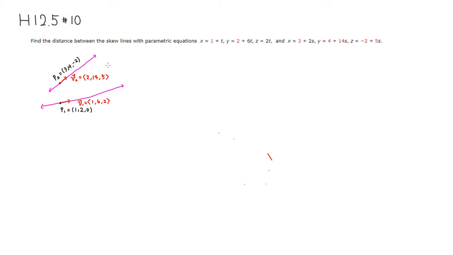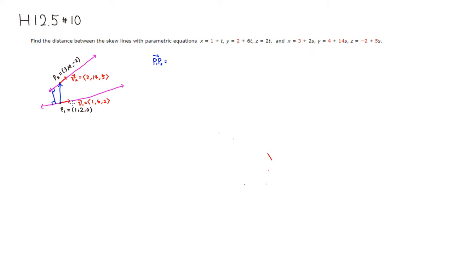Then if you want the distance, connecting the two points that are closest, you can see maybe something like that, making sure that it has to be perpendicular to both lines at the same time. First, I'm going to find the vector P1P2.